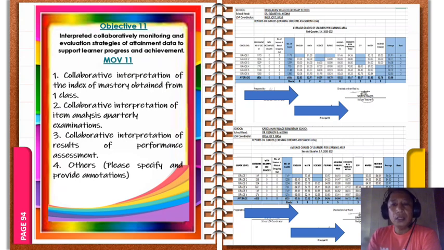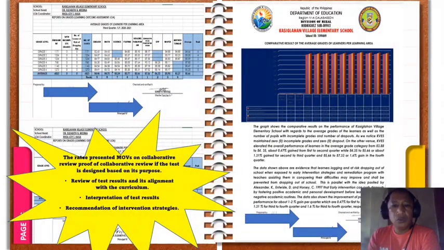So we have to analyze and interpret the test result of the school in order to make solutions and implement intervention strategies kung meron po tayong mga lagging behind na mga subject areas.